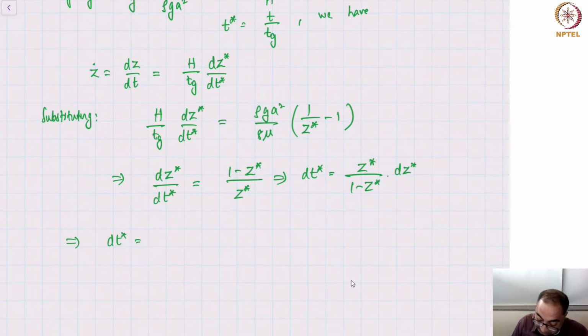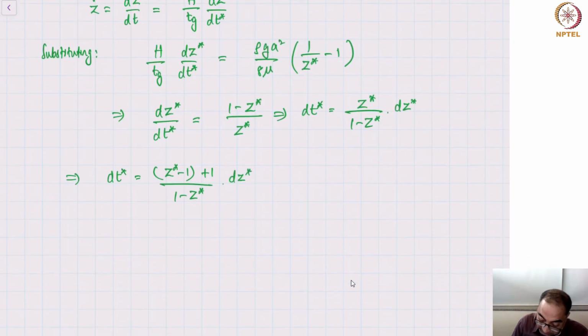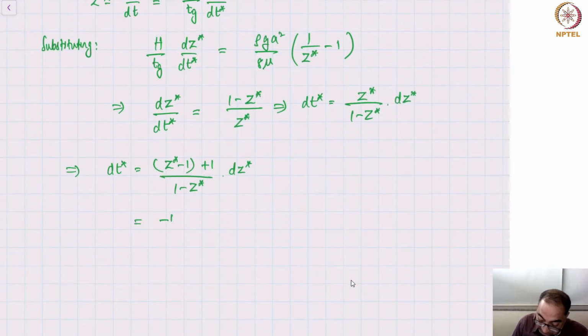Okay, I can rewrite the numerator that is there here as z star minus 1 plus 1 by 1 minus z star dz star, which is nothing but minus 1 plus 1 by 1 minus z star of dz star.